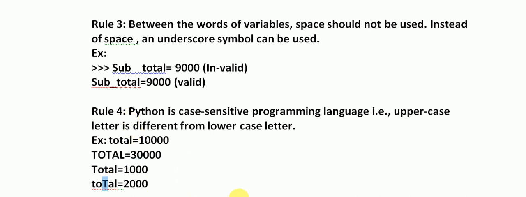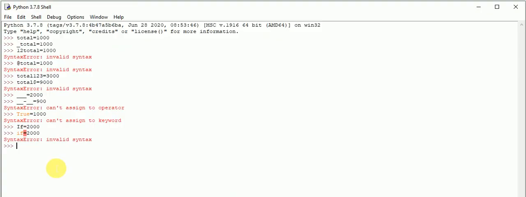Let's take an example like this. This is valid. If I print it here, the resultant value will be shown.